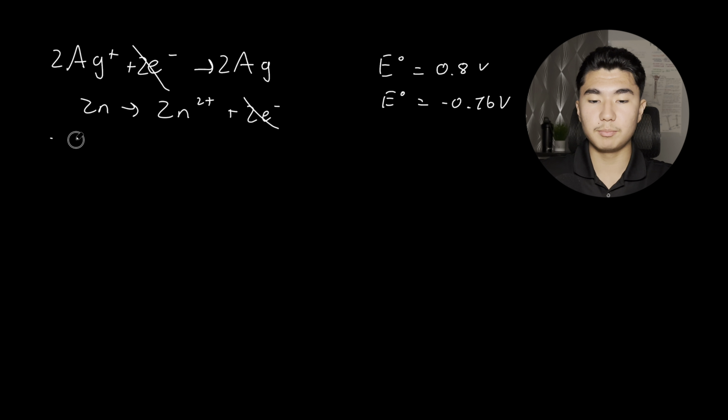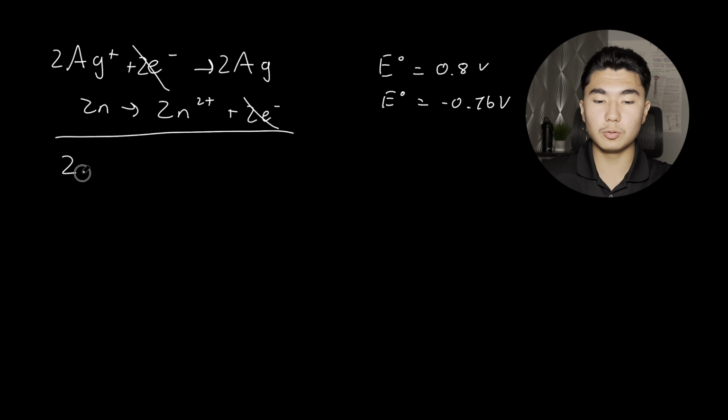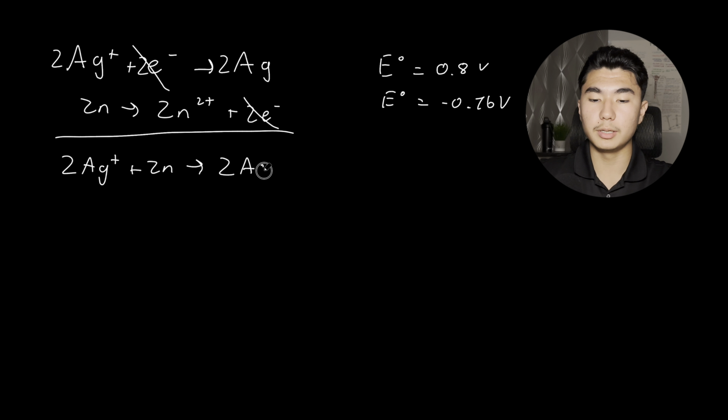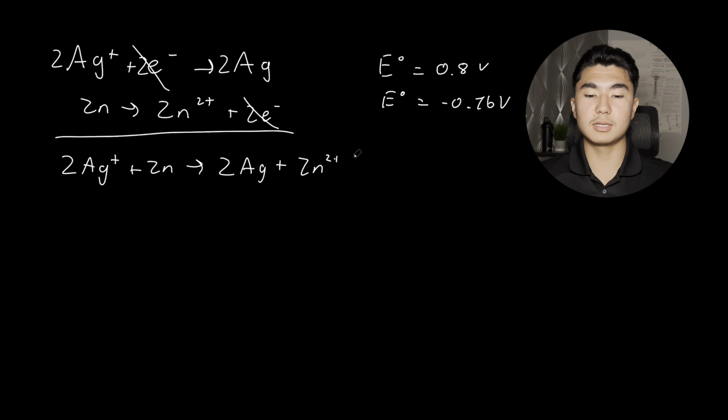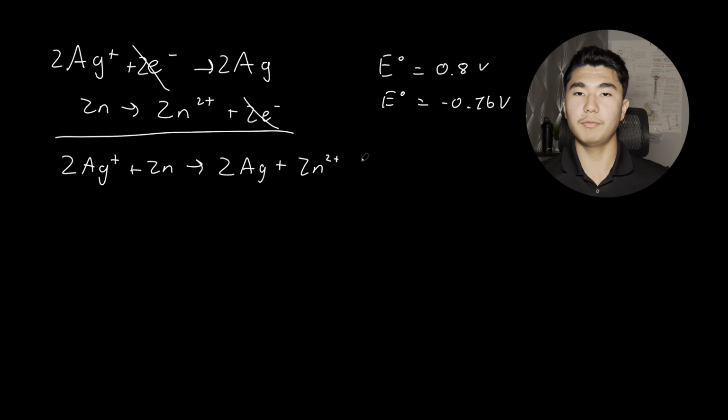So let me draw a straight line. This becomes 2Ag plus zinc goes to 2Ag plus Zn2 plus. This is our overall reaction. Now we need to find the standard reduction potential of the overall cell, which is cathode minus anode. This was our reduction, this was our oxidation.